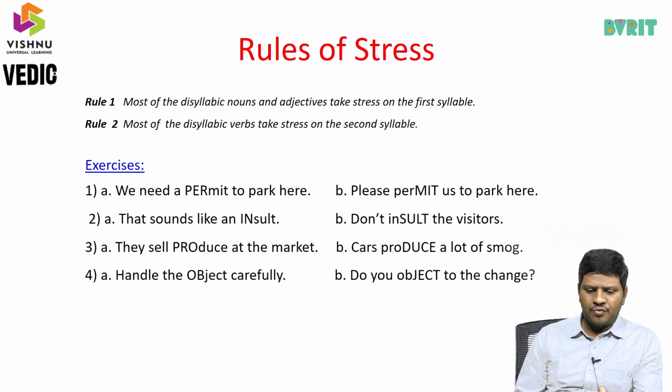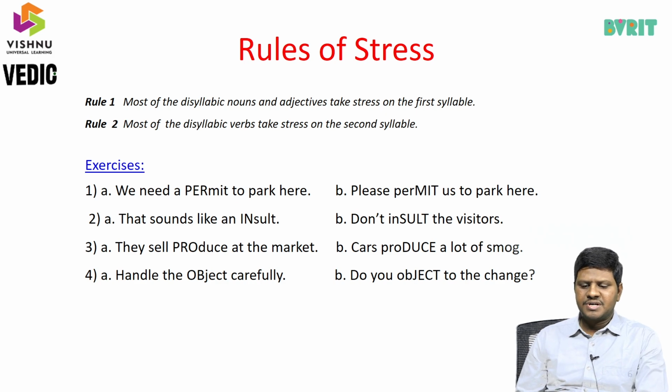These first four examples come under the category of nouns, and the second 4 come under the category of verbs. You can observe the words permit, insult, produce, object, and the second syllable is stressed in each word.